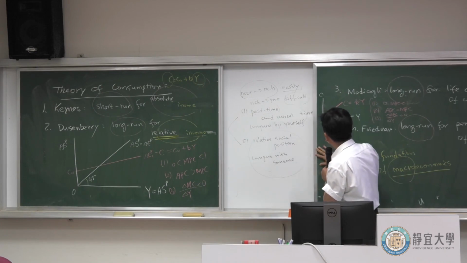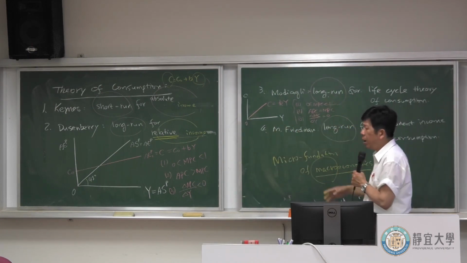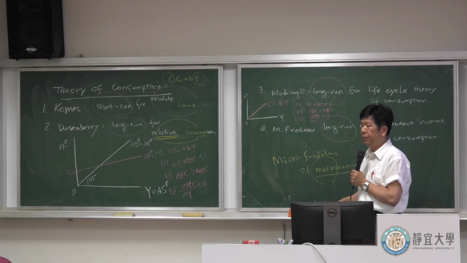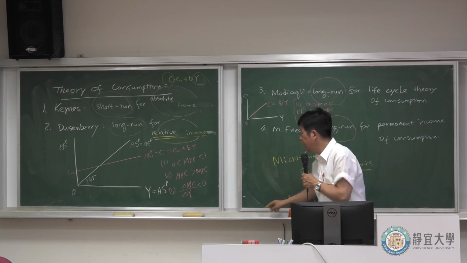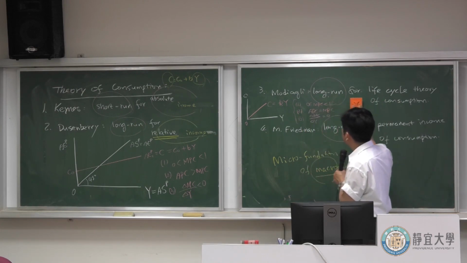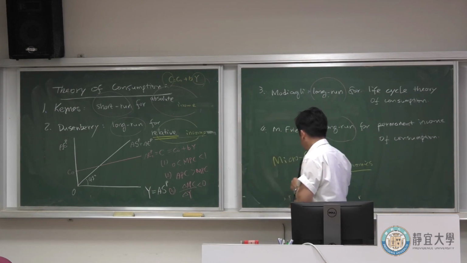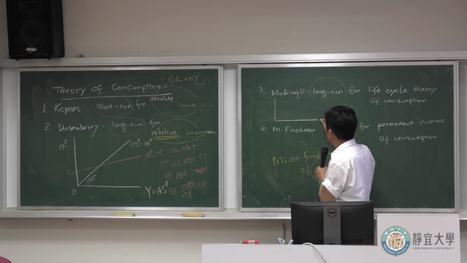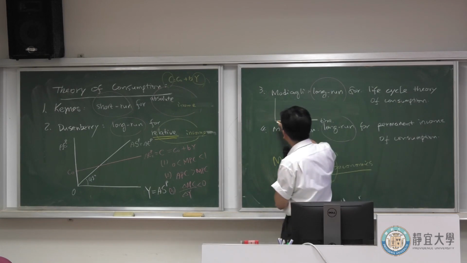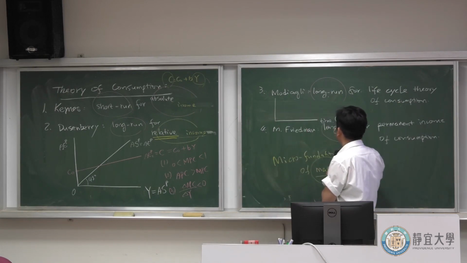And the third story is that consumption depends on your whole life, the life cycle. So what is the life cycle? It's like this situation. You can see here, this represents the time, and this represents your age.